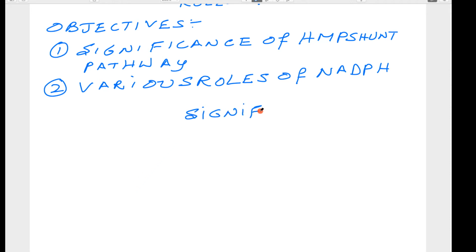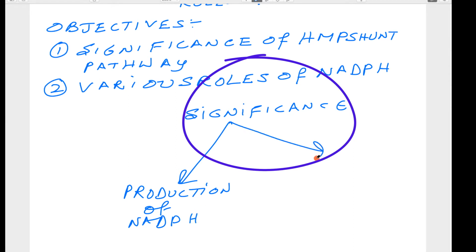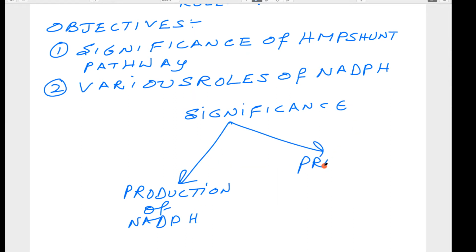This is a very important pathway. The first significance is the production of NADPH. The second one is the provision of pentose sugars. What are these pentose sugars?